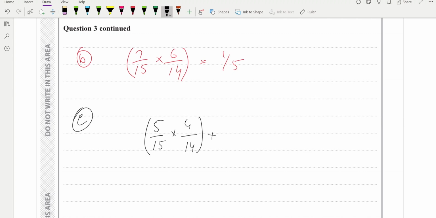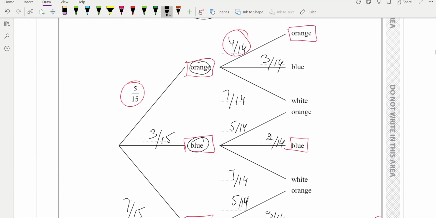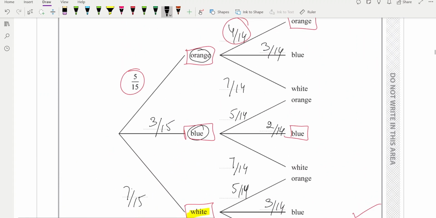And the second probability which we need is blue and blue. So blue and blue will be 3 by 15 multiplied by 2 by 14.